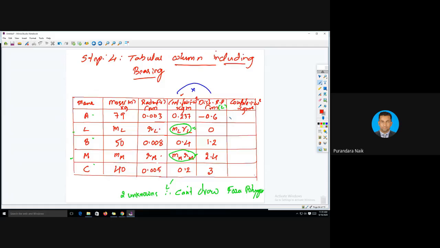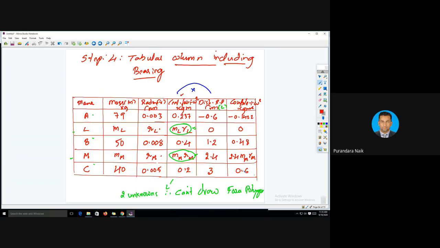So the answer will be minus 0.1422. Here it is 0, this multiplied with this. And here we'll get the answer as 0.48. And here we'll get 2.4 into RM. The last answer is 0.6. This is your couple.